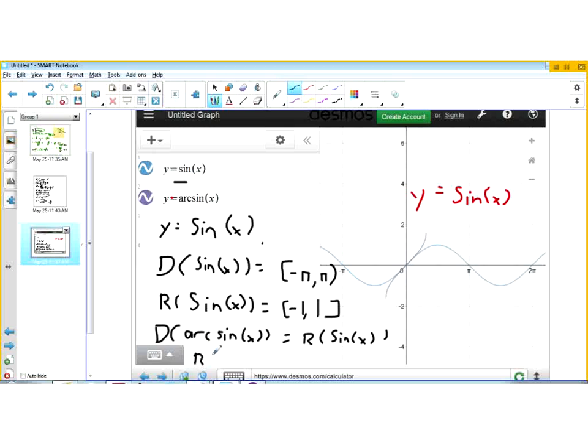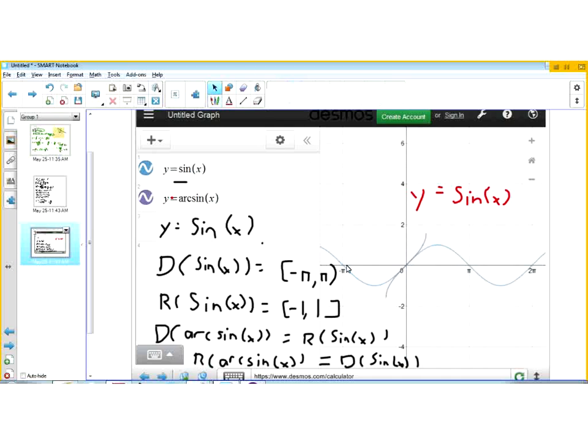And likewise, the range of arcsine x is equal to the domain of the principal sine x. Okay, so that's how that works.